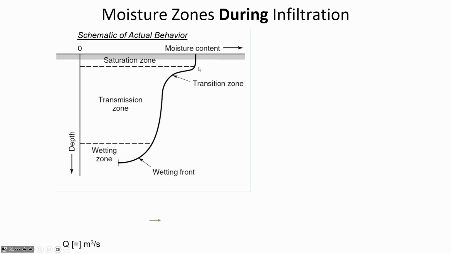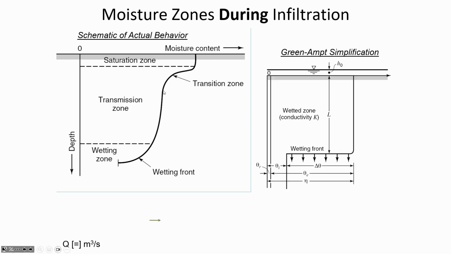So this is a really complicated curve, and we have to come up with some sort of a model or a method to simplify that curve. And the Green-Ampt simplification is a way of predicting how quickly the water moves down through the soil when it rains and when there's ponding at the surface.